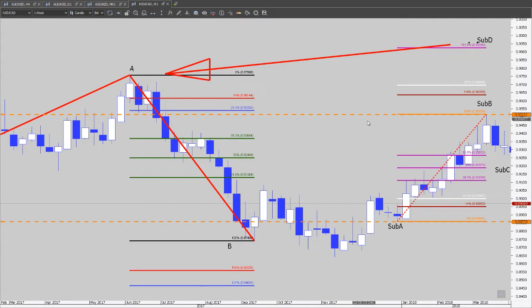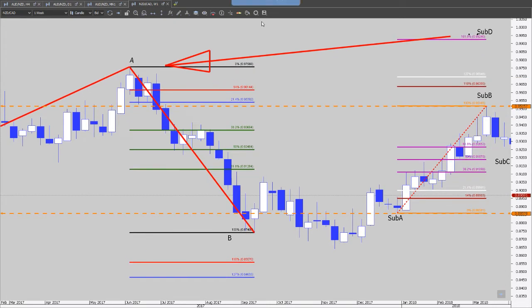See, if the market is going to hit the projected sub D, it is going to break our capital A of the original Fibonacci, which is positioned down, right? So this is sub A, this is sub B, this is sub C, somewhere in here, and this is sub D. And this is the power of the contrarian Fibonacci.